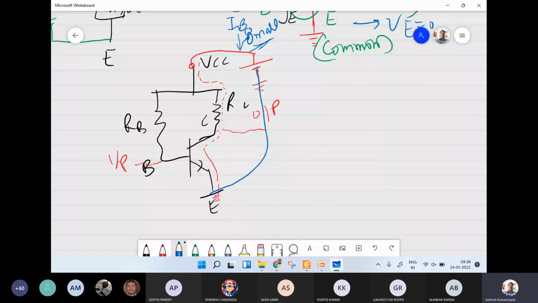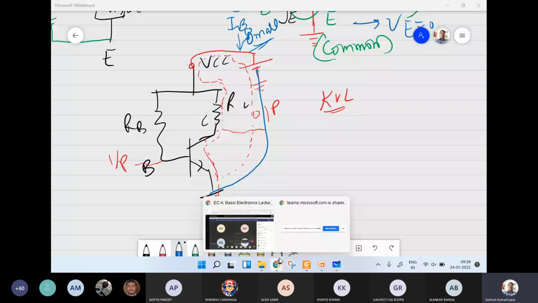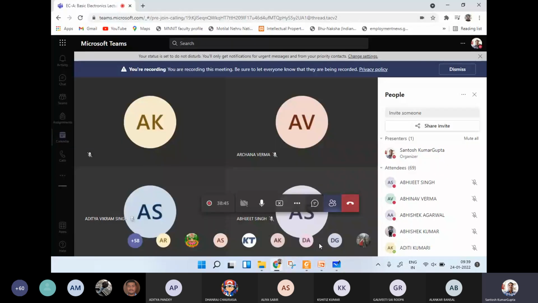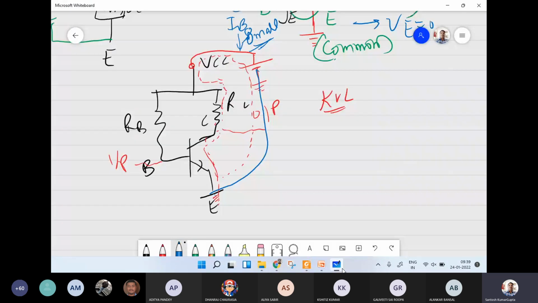Once we see this output loop, we can write the corresponding KVL, Kirchhoff's voltage law, in this loop. Let us assume that a current IC is flowing into this loop.